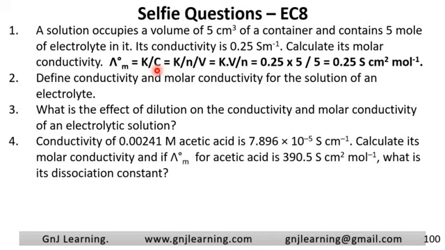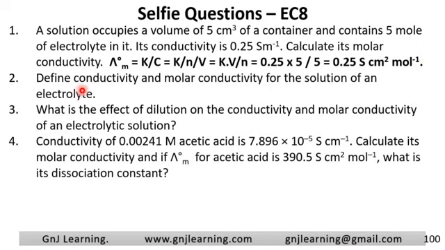Is it K by C, or K into N by V, or K into V by N? These are the equations we already saw. Just substitute the values. You have to be careful with the unit, because it's centimeter, then Siemens centimeter square mole raised to minus 1.